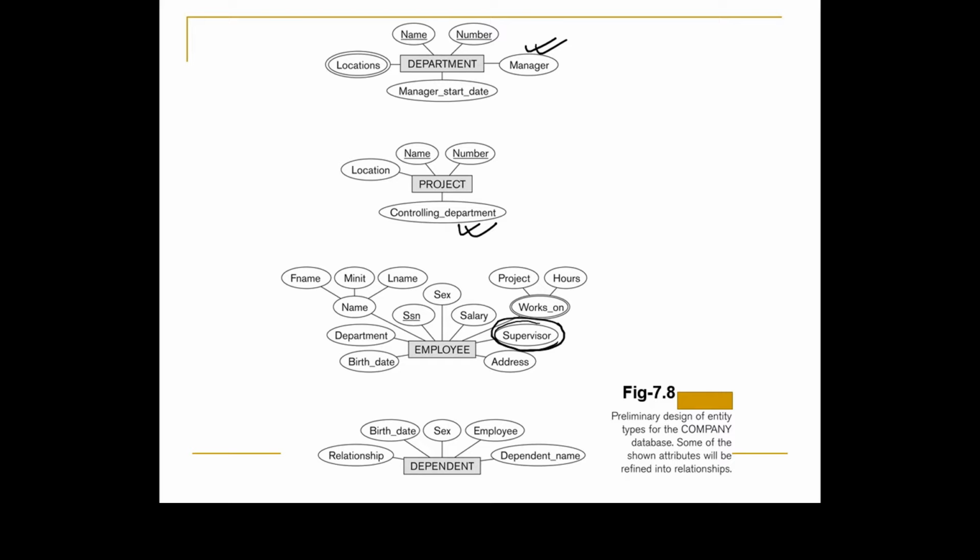So now questions come up: whether there will be one manager for a department or multiple managers, who is the supervisor, how many employees will be supervisors, whether one supervisor is for all employees or we can have multiple supervisors, and whether the supervisor will also be supervised by some other supervisor. There are a lot of questions and relationships that we are going to discuss.